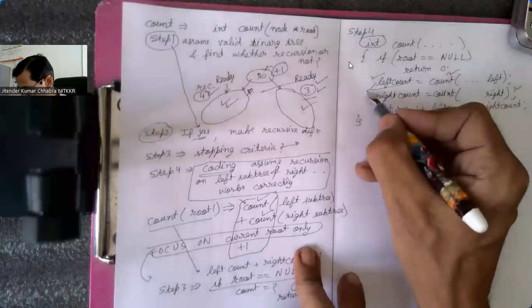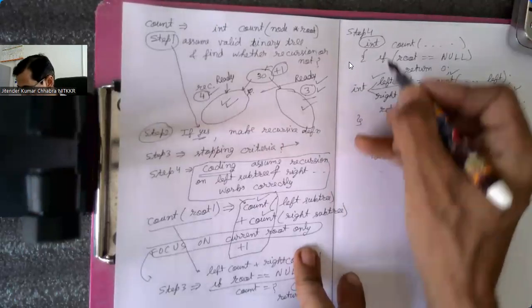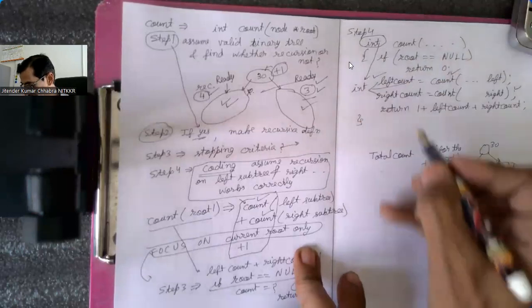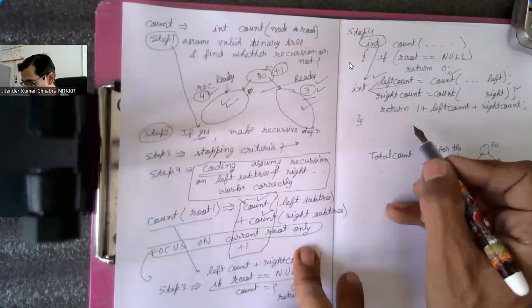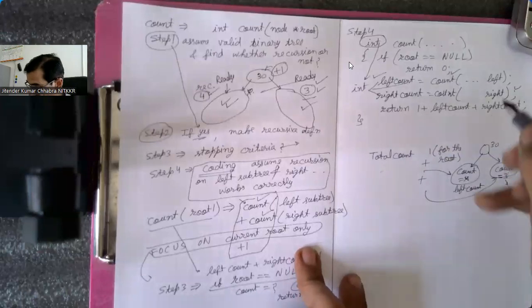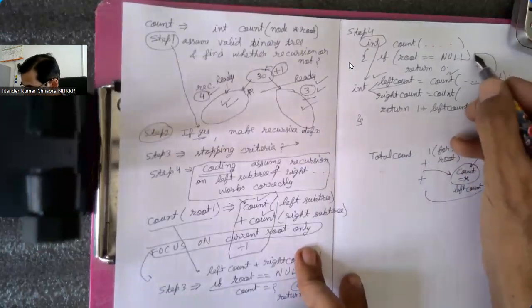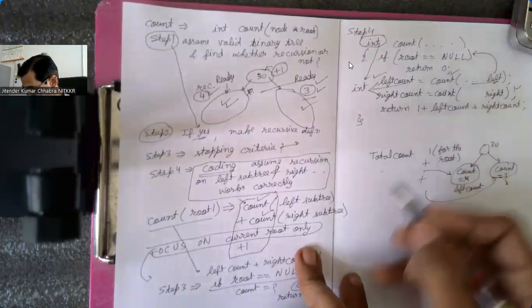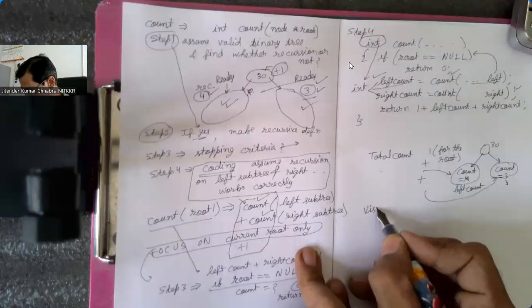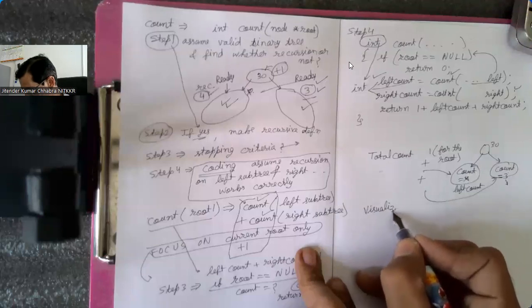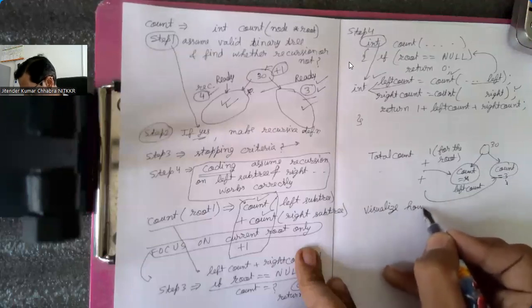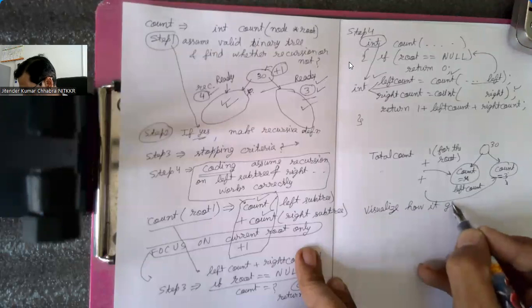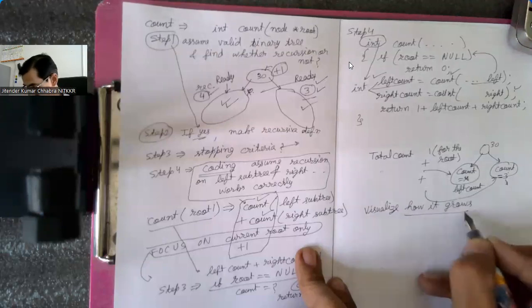Both will obviously be of int data type because I am returning int, and accordingly you can have the overall return value. Recursively, automatically this will go recursively, and at some point root will become null. So you should be able to visualize how it grows, how recursion is solving.